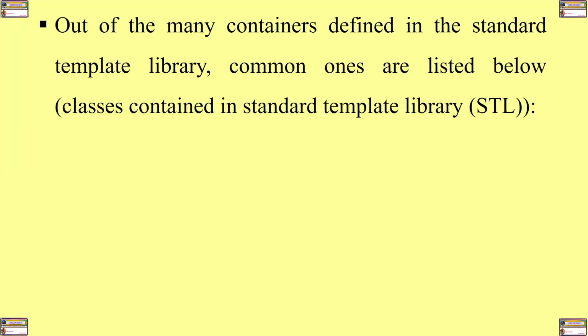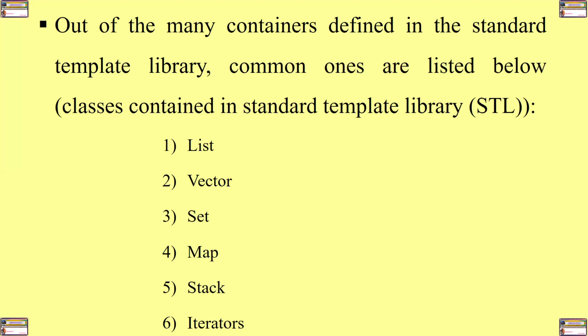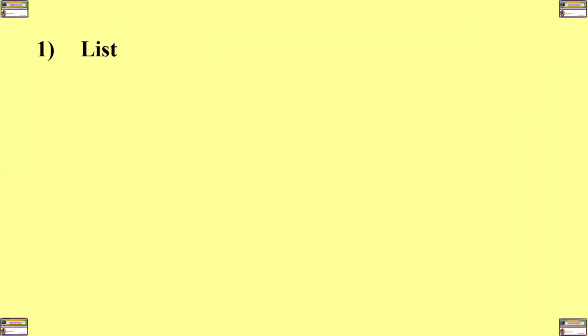Out of the many containers defined in the standard template library, some common ones are listed below. That is, classes contained in the standard template library include the list, the vector, the set, map, and the stack. We are also going to look at what we call the iterators.